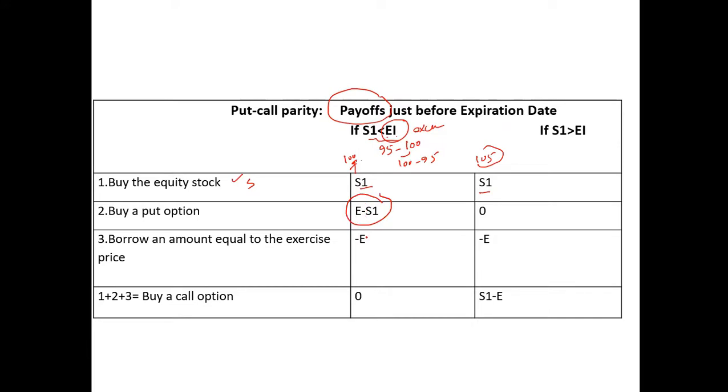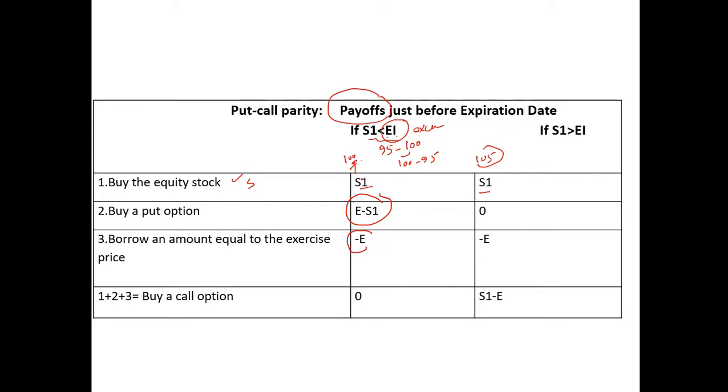And you have borrowed an amount for exercising this. For example, for 100 rupees, you know that after 1 month you will pay the amount. So what will be the present value of this? If you keep that money in a bank, it will grow at a certain rate of interest, up to 100 rupees that you will get after that. So that is why we have borrowed this amount.